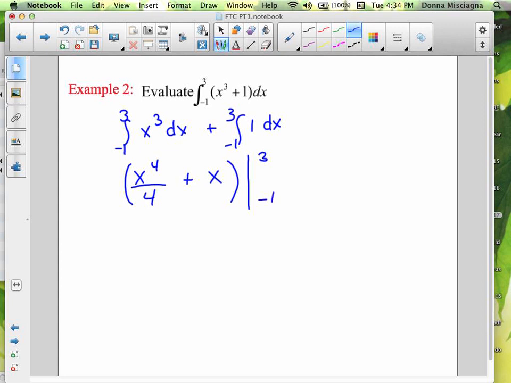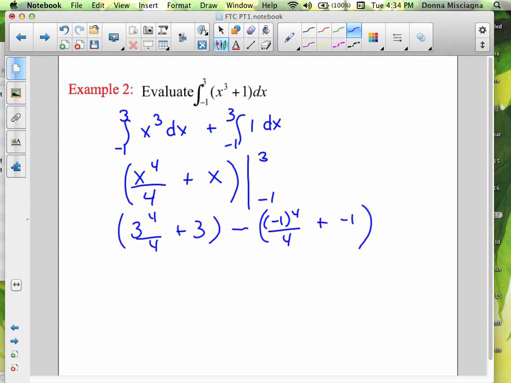So I'm going to plug the 3 into both terms and then the negative 1 into both terms and take the difference. So this would be 3 to the fourth divided by 4 plus 3. We'll take that and subtract from that what we get for negative 1 raised to the fourth power divided by 4 plus negative 1.